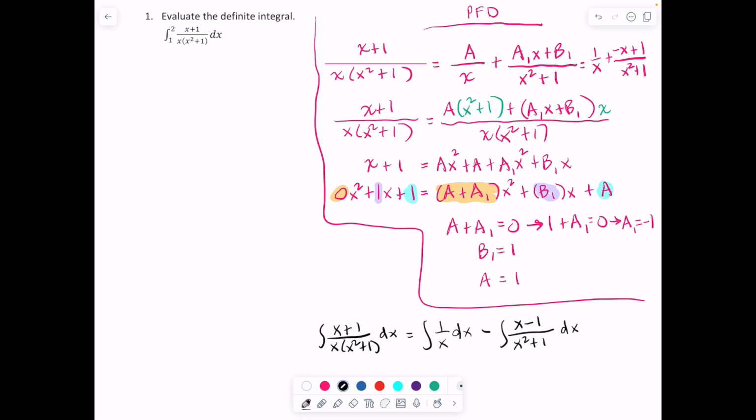Now I'm going to need a 2x. The derivative of x squared plus 1 is 2x. So I'm going to need a 2 along with that x, so I need to multiply by a half.